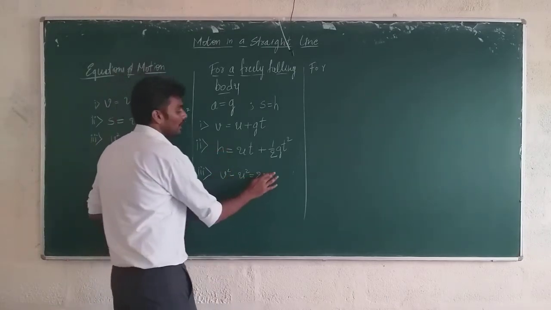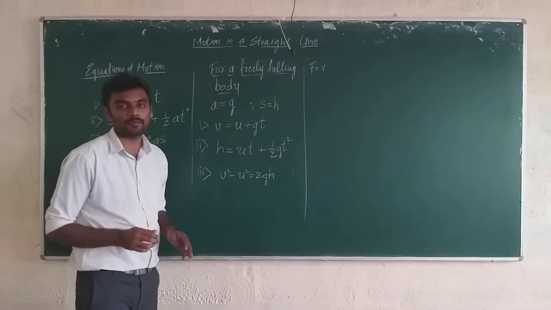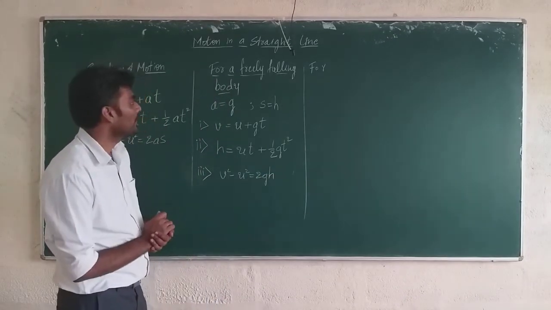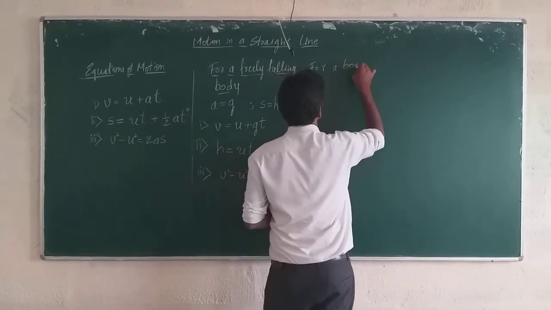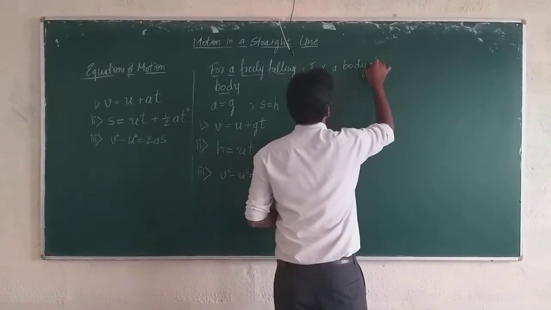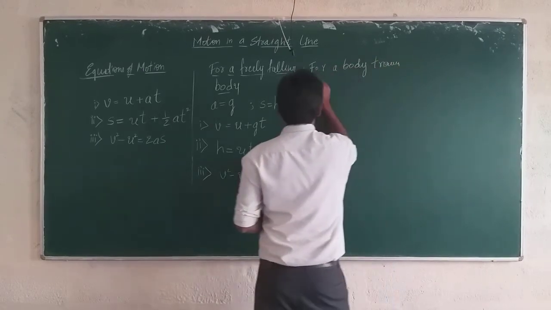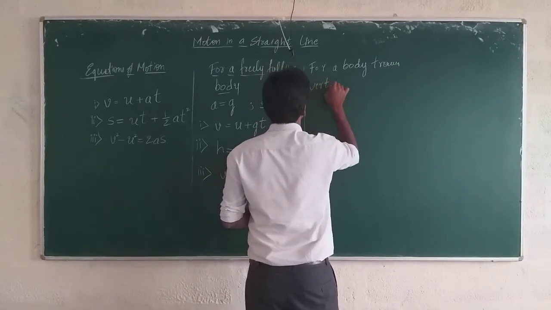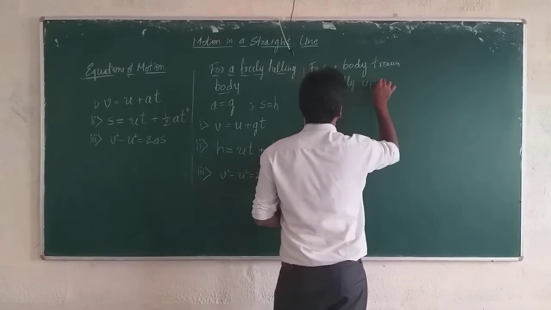H is the height of the body. Okay, fine. So for a body thrown vertically upwards.